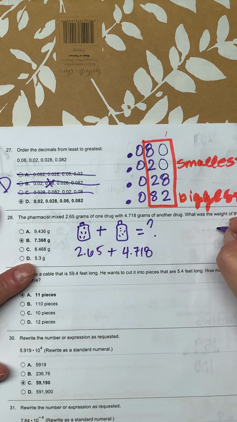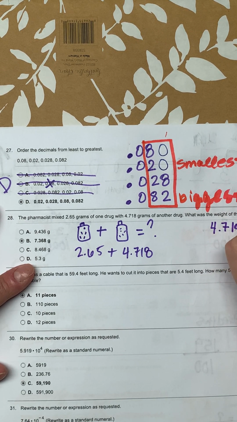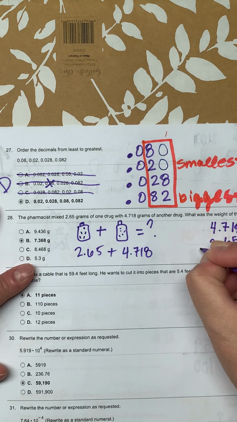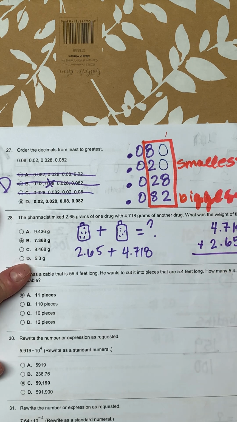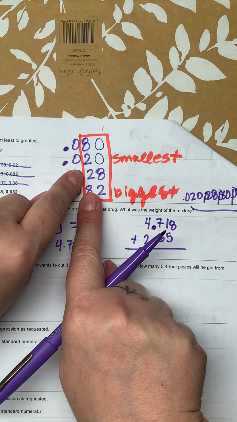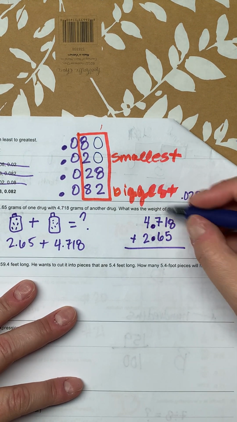The second drug was 4.718. And then if we write those down by hand, we like to put the longer decimal on top and then the shorter decimal underneath it, and make sure you line them up and down. Keep the decimals lined up, kind of like what we did earlier. Okay, now let's add. Well, darn.